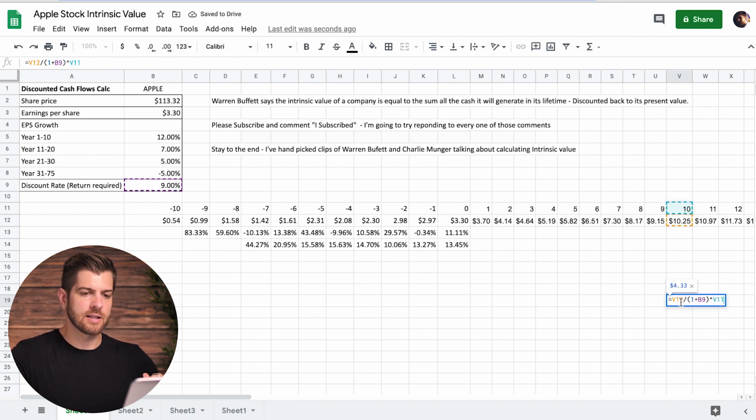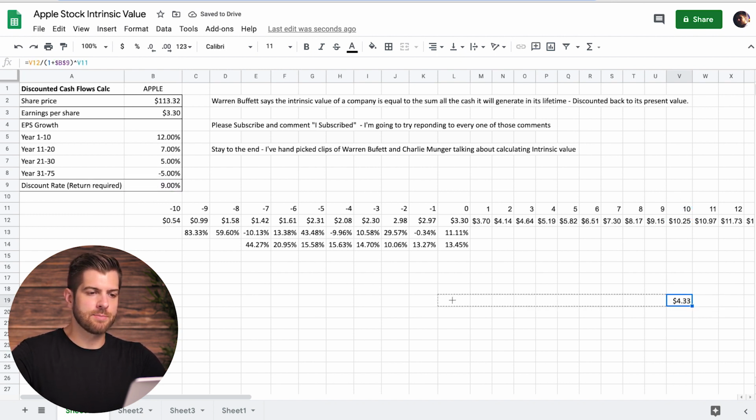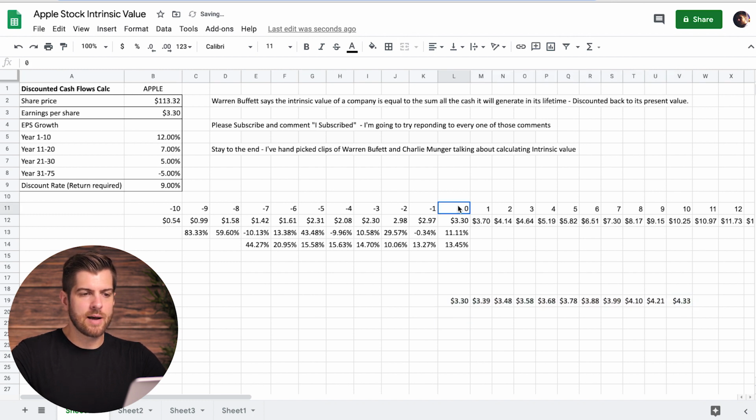And so what happens is, let me just lock in that field here so that I can drag this across. And see now, if I drag this back to here, look at what happens in the present day. Remember, this is today. So it's saying that $3.30 today is worth the present value of $3.30. So I'm going to take that one away, and we can see that $3.70 next year has a present value of $3.39 today.